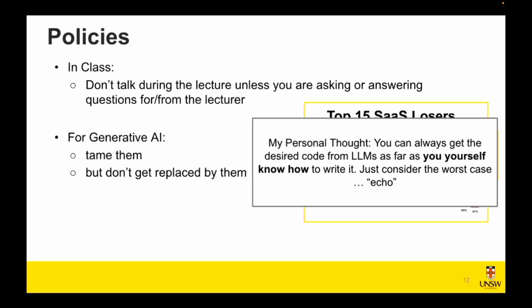Then you can still make the large language model output whatever you want. So the important thing here is that you yourself must know how. That's why I encourage you to really learn these things rather than just using the models to do the assignments for you.